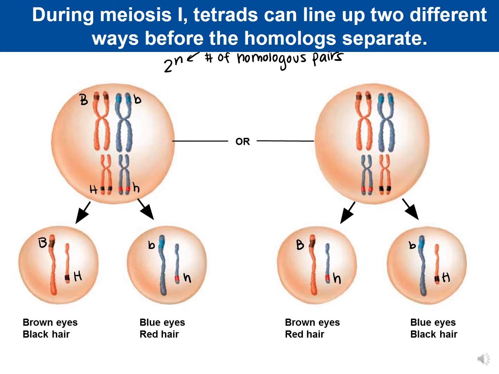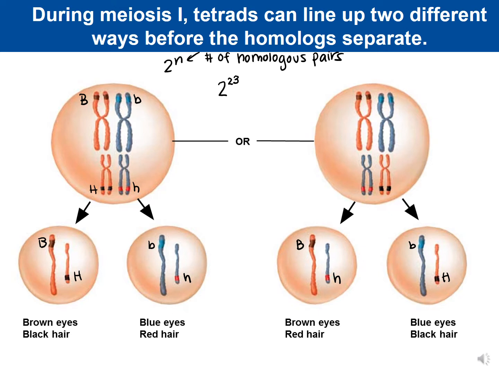And so for us, how many homologous pairs do you have? The answer is you have 23 homologous pairs. So 2 to the 23rd power is the number of different types of gametes that you can produce.